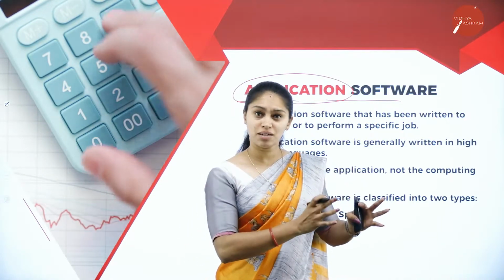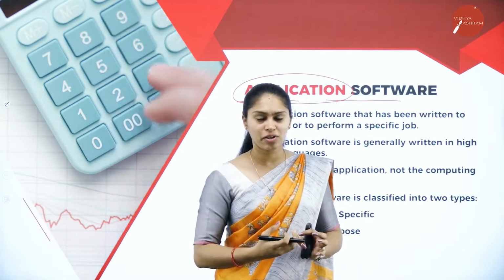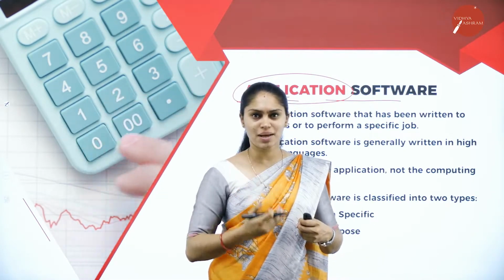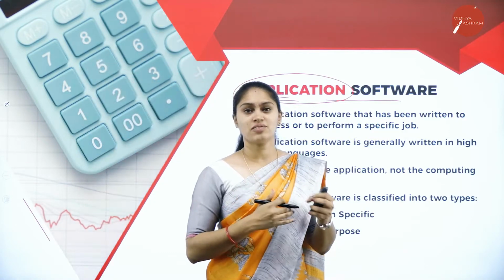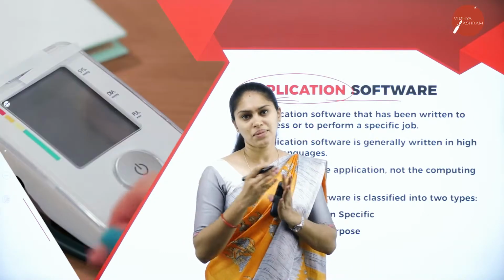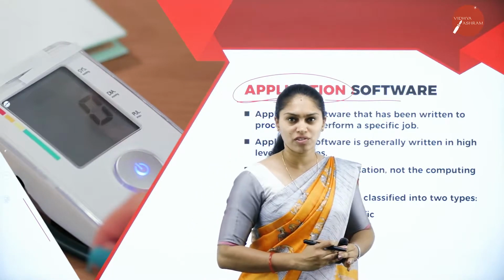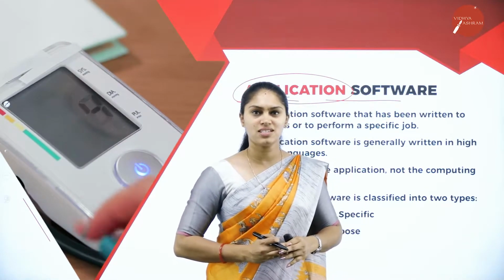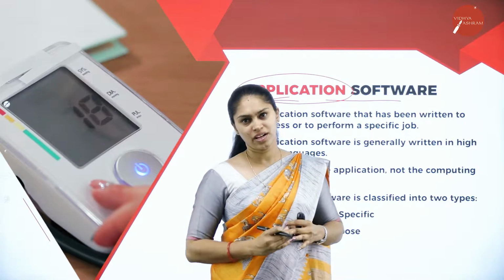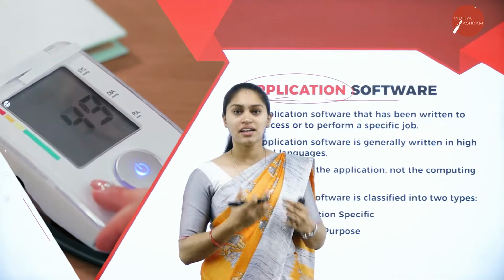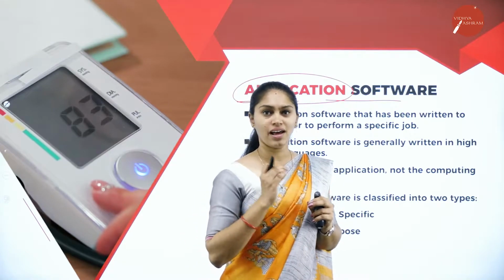But system software provides an environment to run all these application software, because it provides the interaction between the application software and the hardware. So system software is mandatory for all computer systems, and application software is developed to perform a particular task.